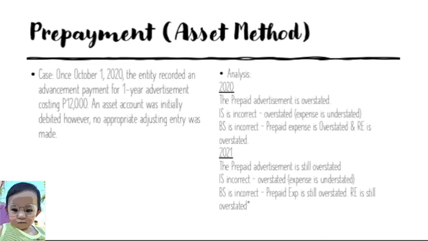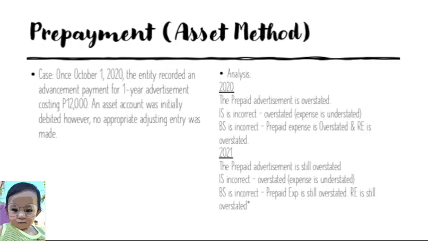Now, notice in 2021, assuming there are no correcting entries, the prepaid advertisement is still overstated. Okay? Still overstated. Supposedly, by year 2021, since the advertisement is only good for 1 year, the prepaid advertisement balance should be zero.